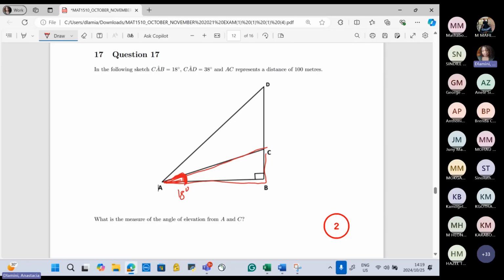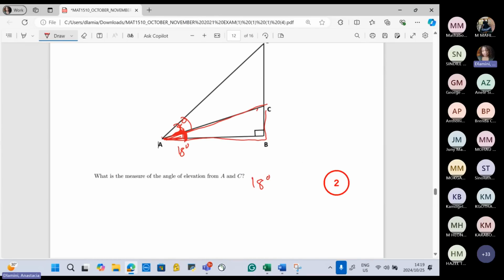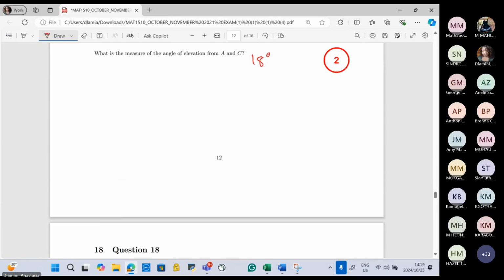Now they say ACD. This one is what? 38 degrees. What is the measure of the angle of elevation from A and C? So what do you think the angle of elevation will be? 18. Well done. Are you all together? Yes, ma'am.